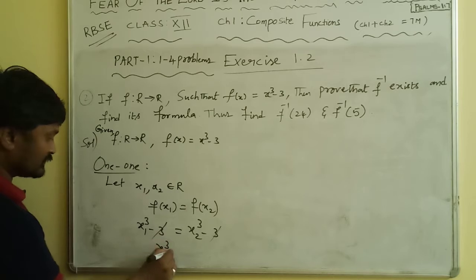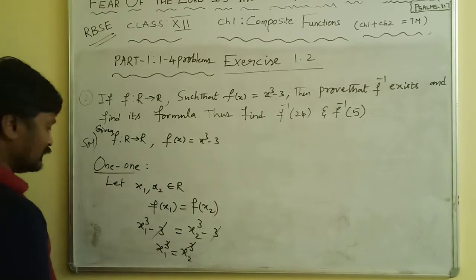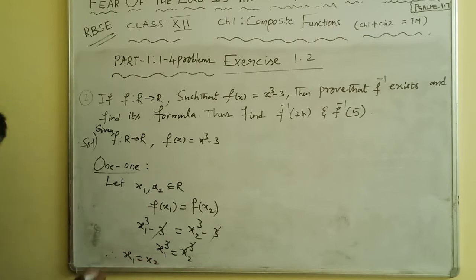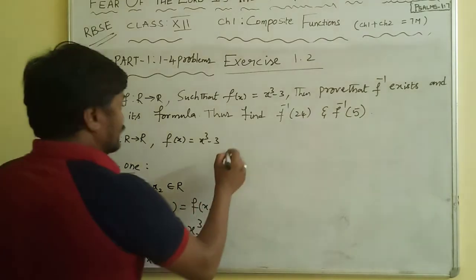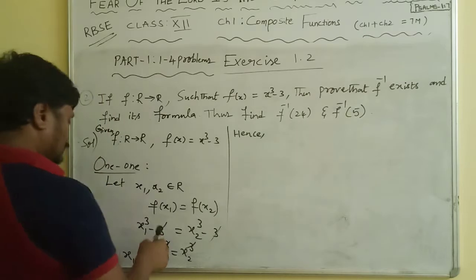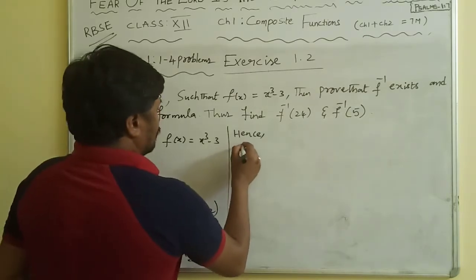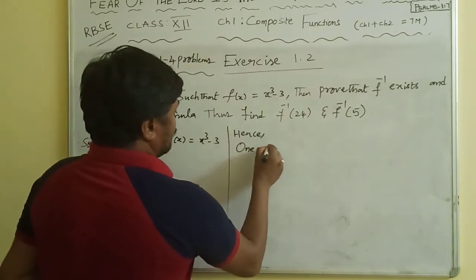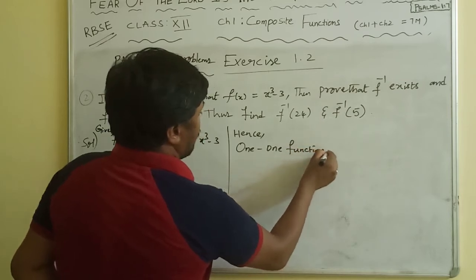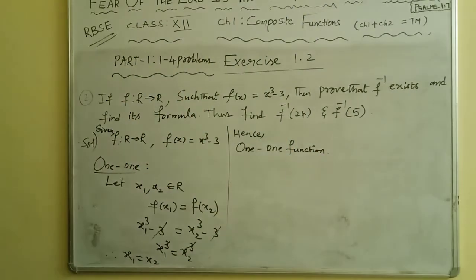Then x1 cubed is equal to x2 cubed, and taking the cube root, we get x1 is equal to x2. Hence f of x is a one-to-one function. So one-to-one is finished.